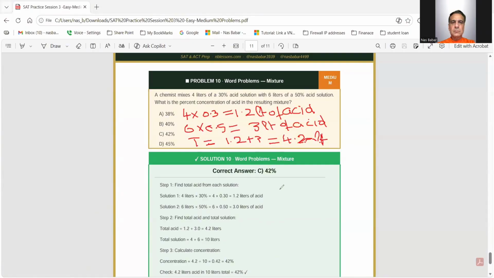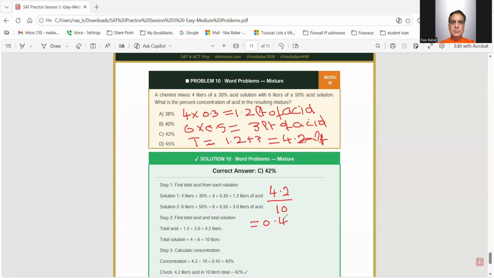Now we know 4.2 liters is the acid in the total solution. So in order to find the percentage, you take 4.2, which is the acid in 10 liters, divided by 10, okay, my friends.